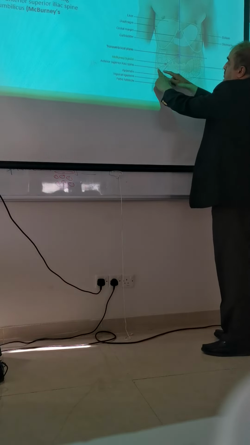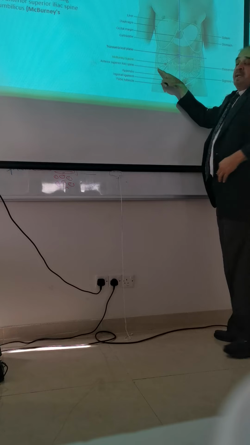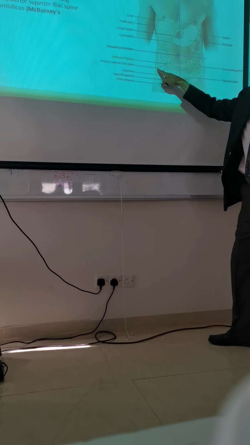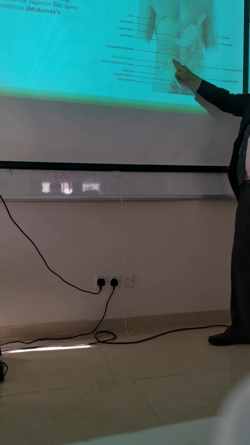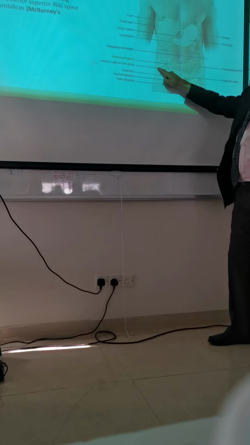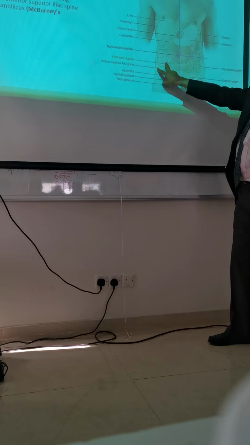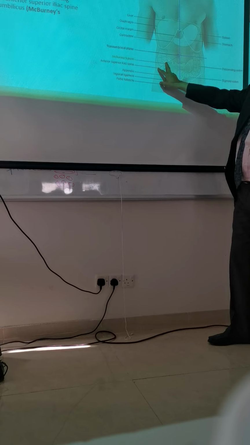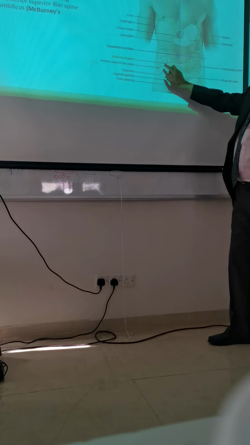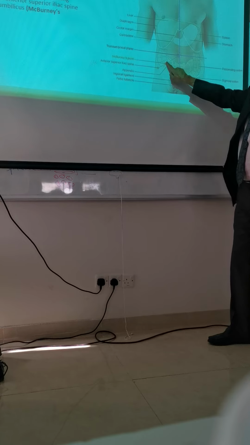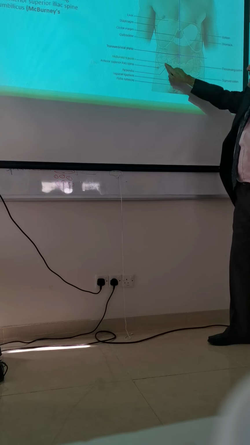Make a line over here. So the line joining these, the lateral one third is the point called McBurney's point, and most of the time the appendix lies over here.